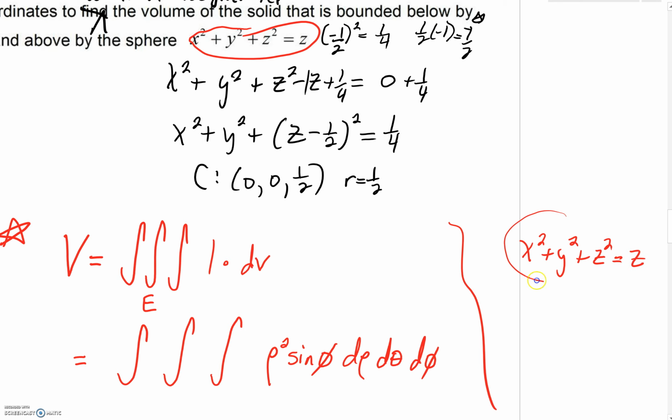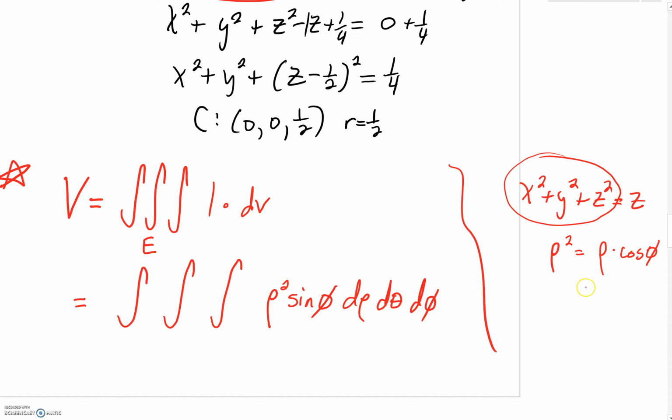Remember, x squared plus y squared plus z squared, that's rho squared, isn't it? And z was rho times the cosine of phi. Now, if I were to divide both sides by rho, we'd have rho is equal to the cosine of phi.